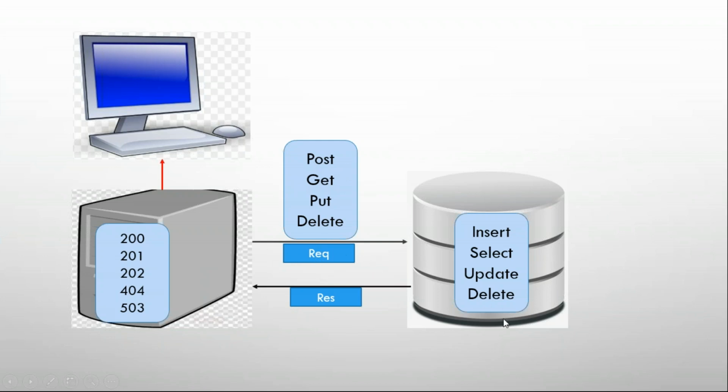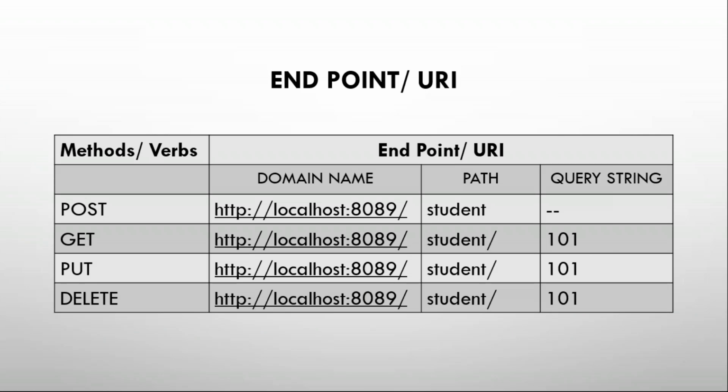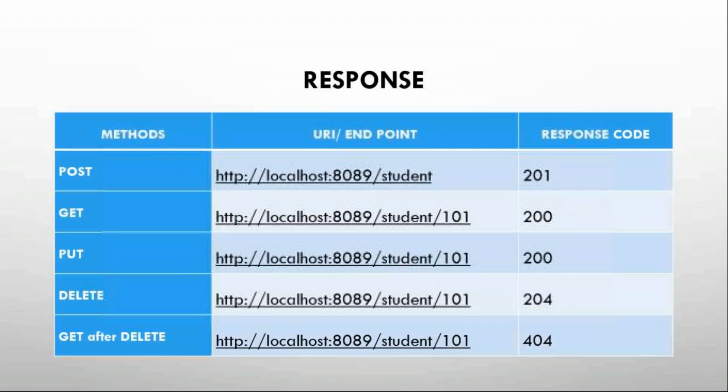Now it is giving me the response for all the received methods. So what responses will it give me? See, for post, it will give me response 201, for get 200, for put 200, for delete 204, and get after delete 404.